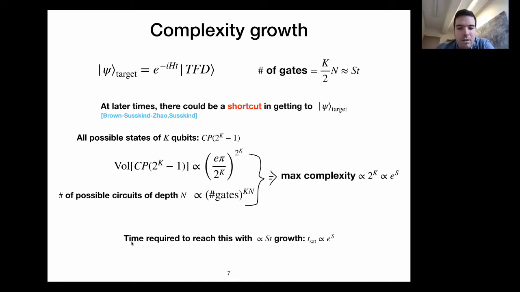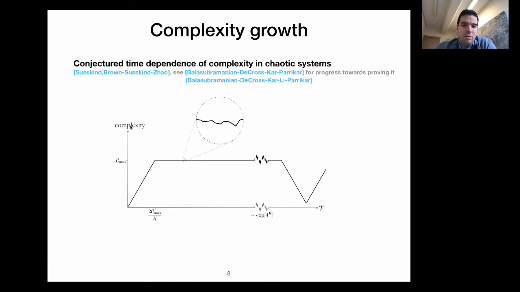Okay, so if you start with a linear growth and you assume that there's no shortcut before this, then you will reach this in some time exponential in entropy. So the cartoon is the following: you have complexity, you consider some chaotic system where there's some sort of time evolution, and then the complexity of a state will grow for a time that is exponential in the entropy, proportional to the dimension of the Hilbert space, and then it will saturate at some maximal value.